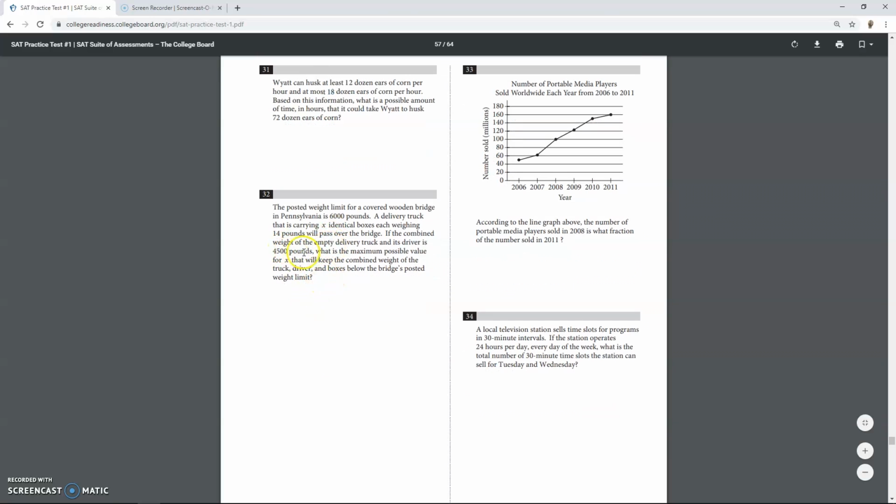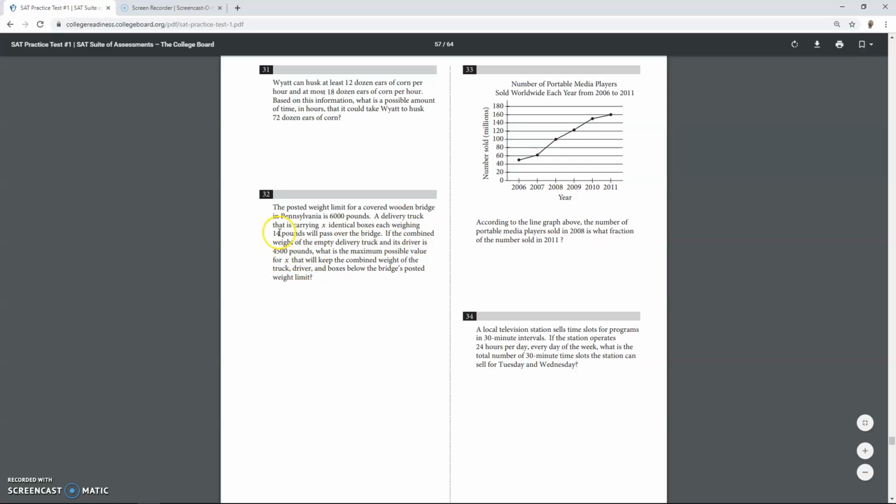For this one, we want to know the maximum possible value for x that will keep the combined weight of the truck driver and boxes within the limit, where x is the number of boxes at 14 pounds each. The weight of the driver and truck will be 4,500.